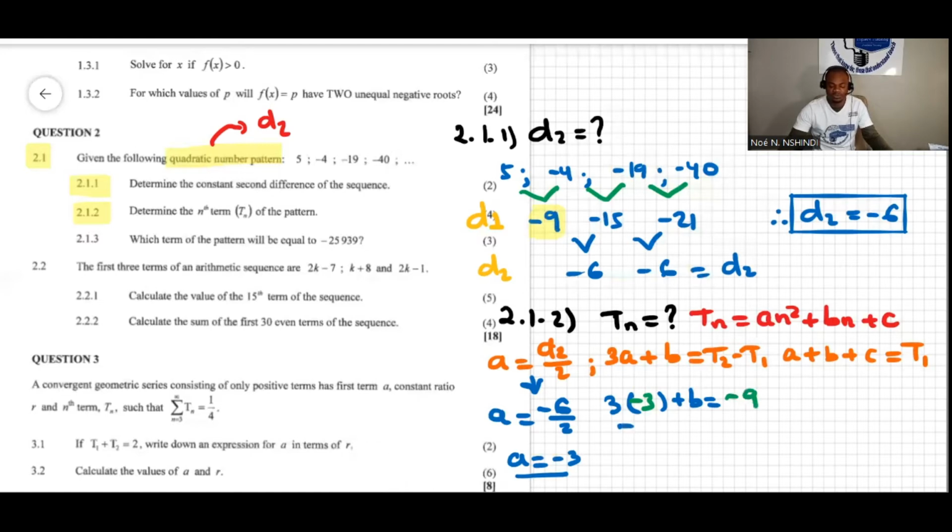That makes -9 plus b equal to -9. And now if I move the -9 over, we have b equal to 0, because these two cancel out.